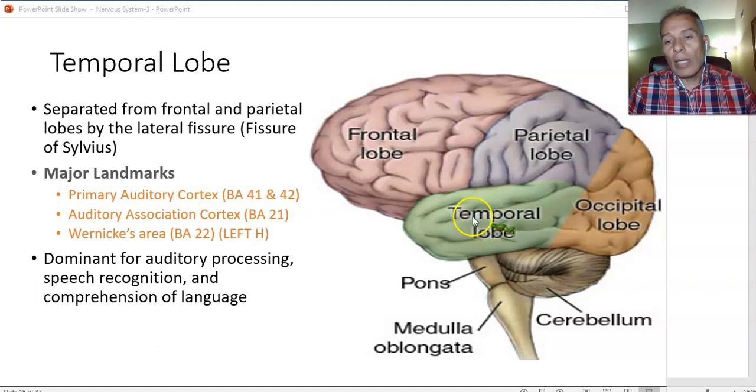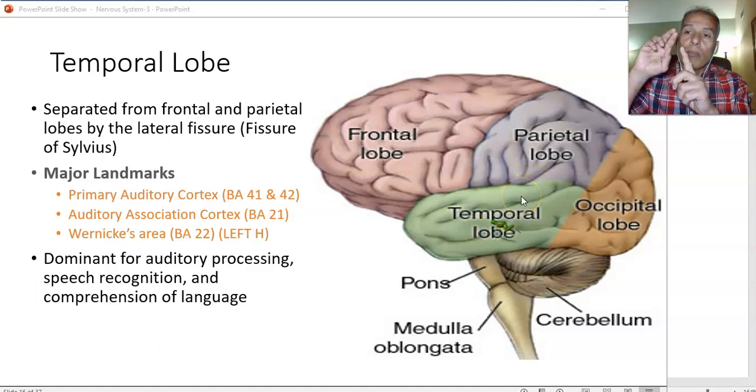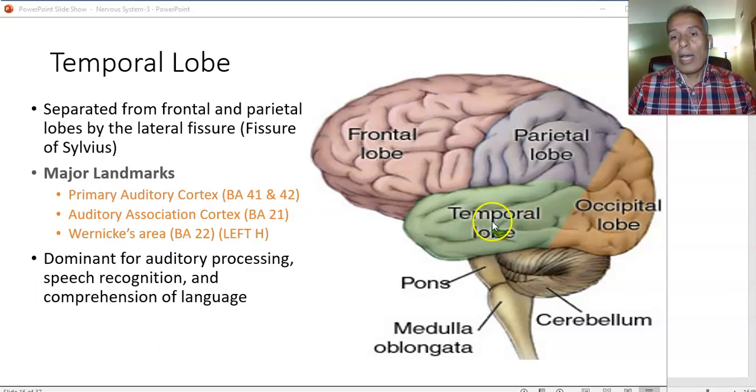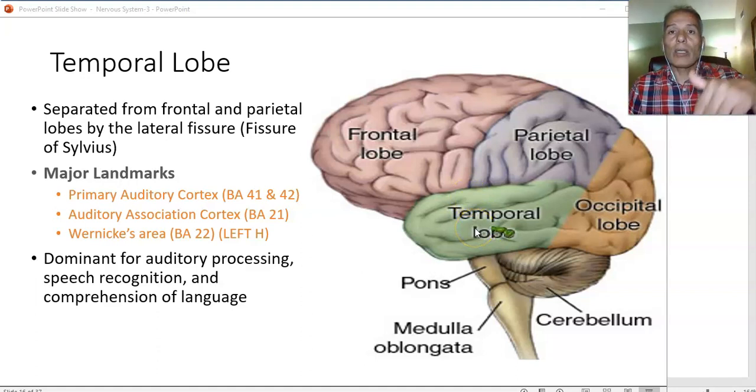And the association cortex communicates with Wernicke's area and with the primary auditory cortex. Together, they enable Wernicke's area to combine sounds into syllables and words. And the association cortex and the memory center, the hippocampus, are able to get the meaning of that word.